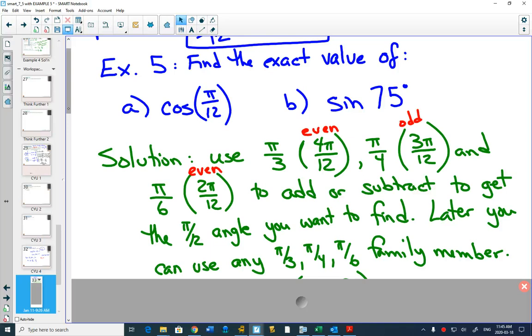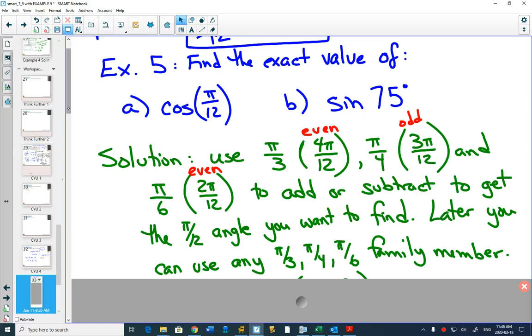So, looking at these three, can you find a way that you could add or subtract to get pi over 12? 4 pi over 12 minus 3 pi over 12. Perfect. Any other ways? 3 pi over 12 minus 2 pi over 12.